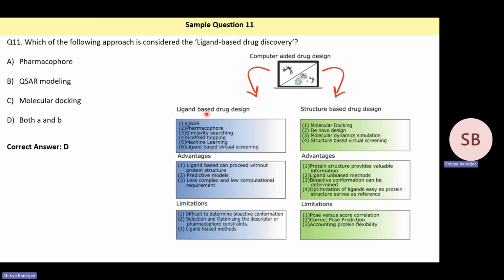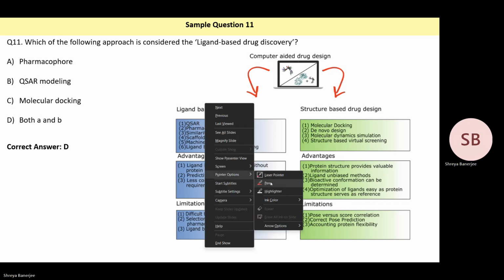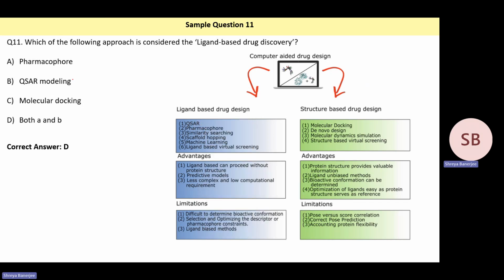Now, in the ligand-based drug discovery, you have QSAR, that is quantitative structure activity relationship. So this is part of ligand-based drug discovery, where from the known structure of a list of compounds and known function, an expression is put together, which predicts the function of any unknown ligand based on its structure.